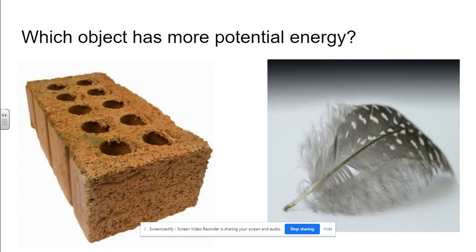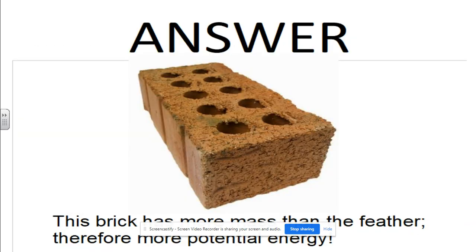Of these two objects, which has more potential energy? The brick on the left or the feather on the right? Hopefully you said the brick. The brick is heavier than the feather, therefore it has more potential energy.